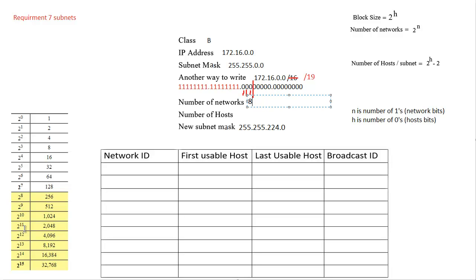And in our table 2 to the power 13, and if I take away 2, so 8,190. These are the hosts per subnet. And if we would like to count total hosts, this will be multiplied by 8 networks.